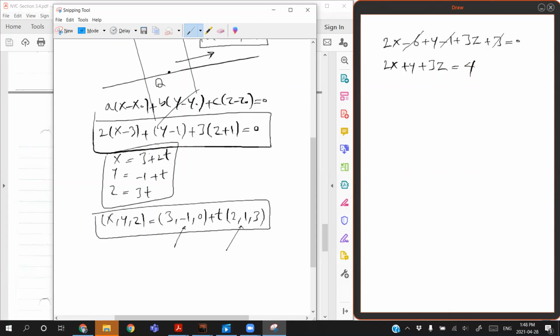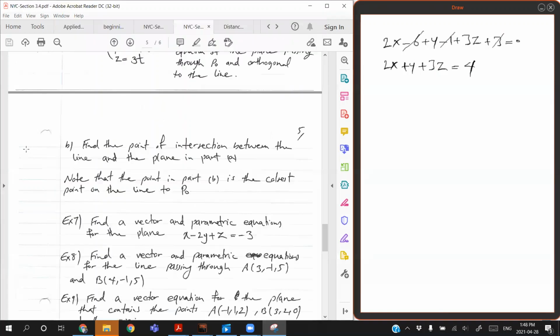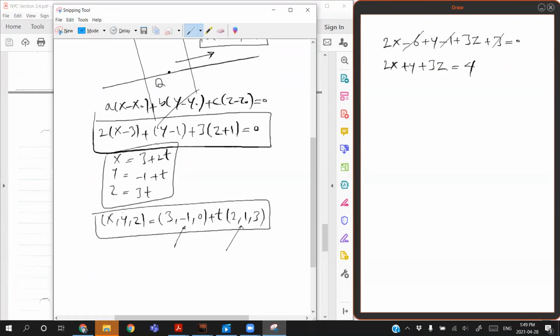And what about the line? The line is given here. In order to find the point of intersection between the line and the plane, I'm looking for a certain point that satisfies the equation of both objects.